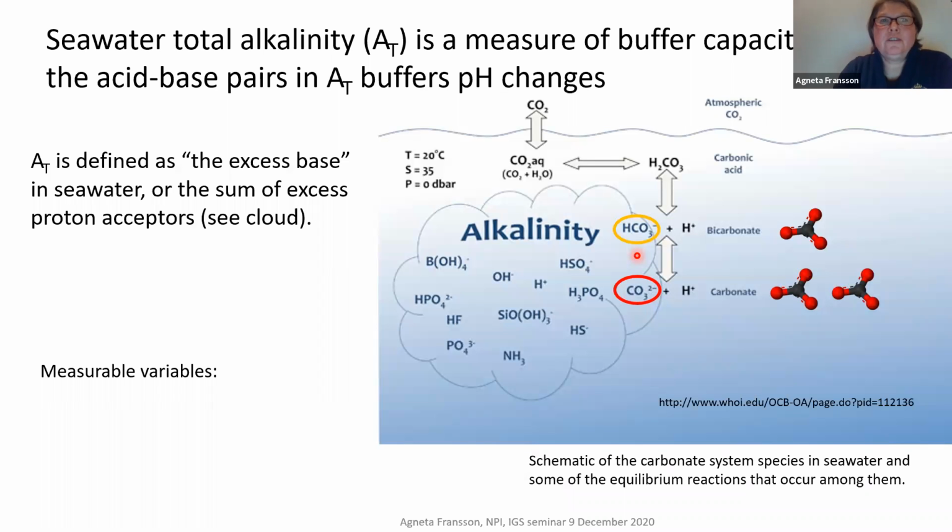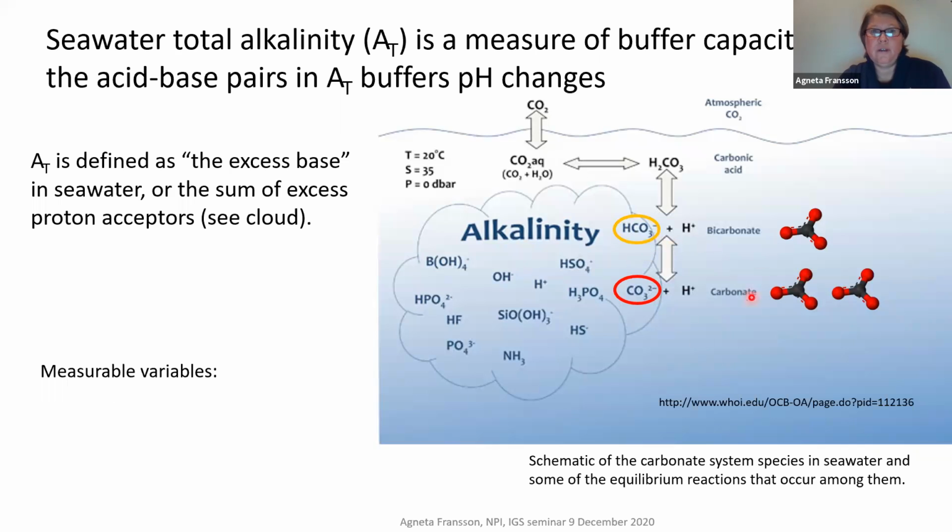Seawater total alkalinity is a measure of the buffer capacity and the acid-base changes in pH. Alkalinity is defined as the excess base in seawater, or the sum of excess proton acceptors, and those are the negatively charged ions.